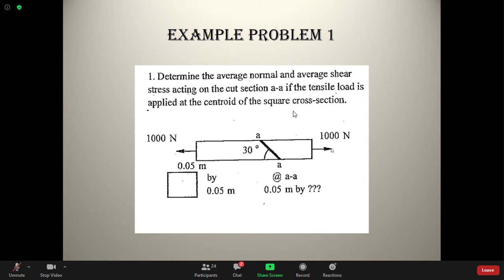So my first question to you is, if you were to find the normal stress on this area, what will that be? It will be 1000 divided by the cross-sectional area, which is 0.05 multiplied by 0.05. If you divide 1000 by that area, you will get the normal stress on this area. But he's asking us to find the normal stress on this inclined area. Let's do that.